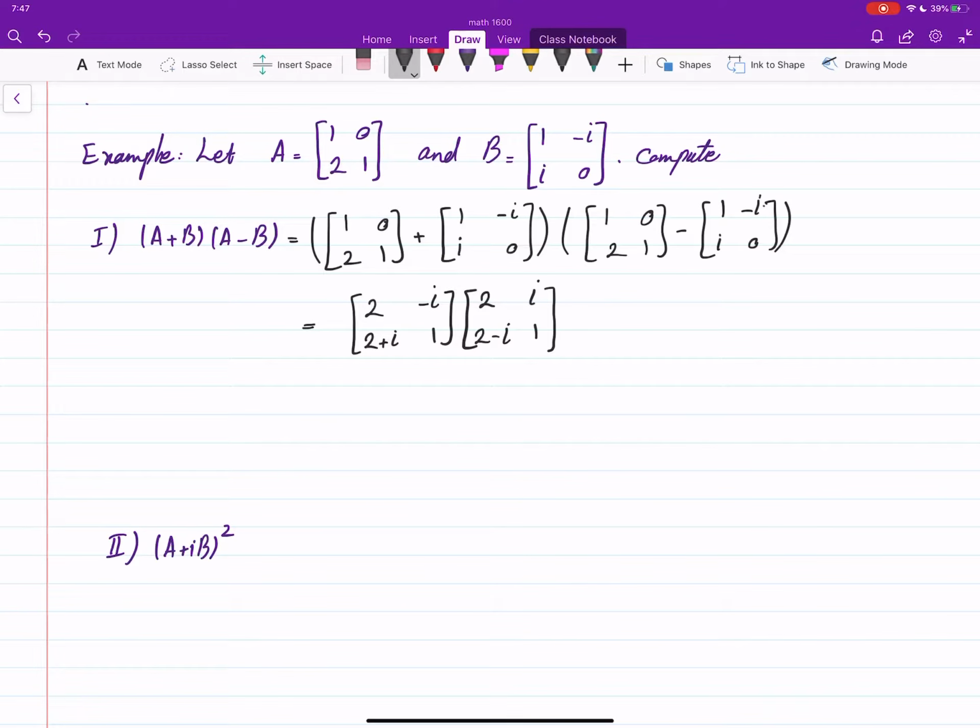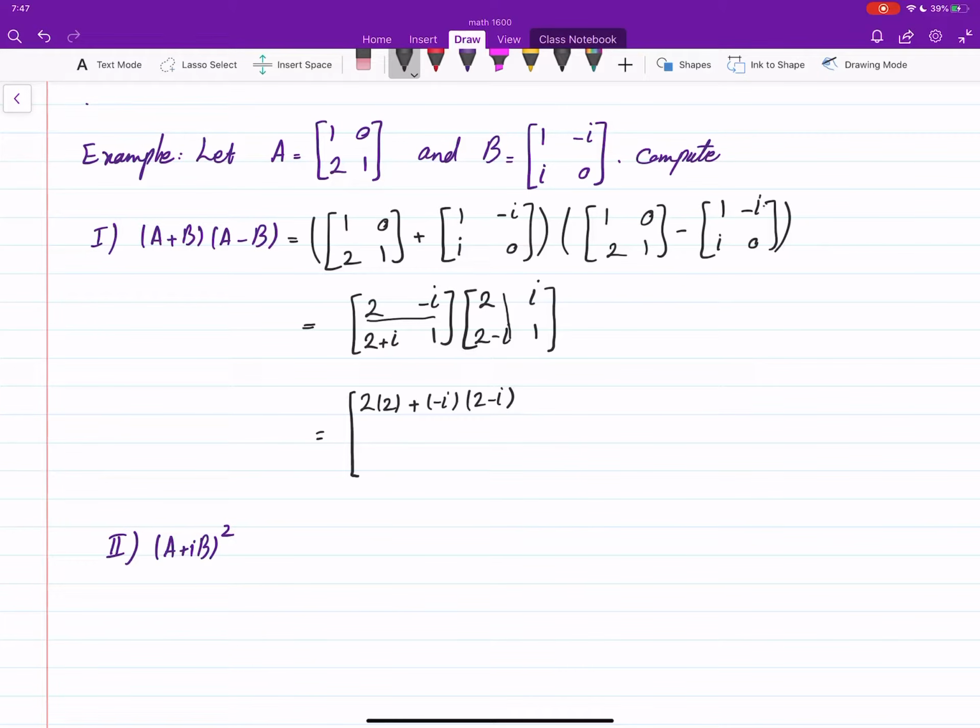Now we have two matrices, multiply them. The matrix multiplication is the same thing. But when you do the entries, you have to consider the complex multiplication. So first row, first column, 2 times 2 plus negative I times 2 minus I. That's the first entry of the first row.